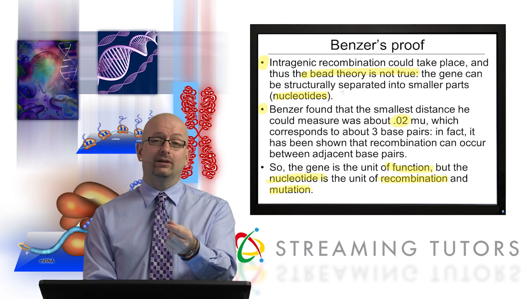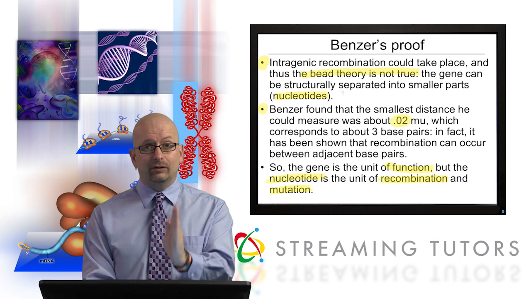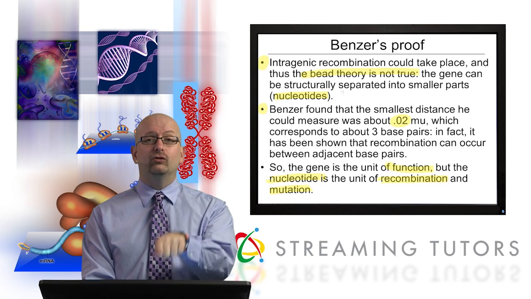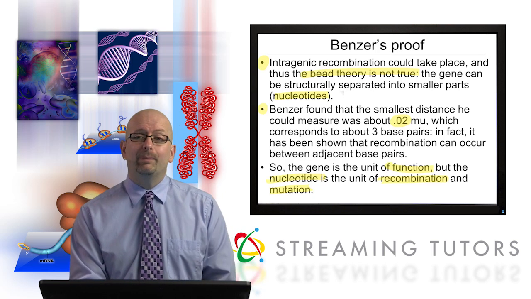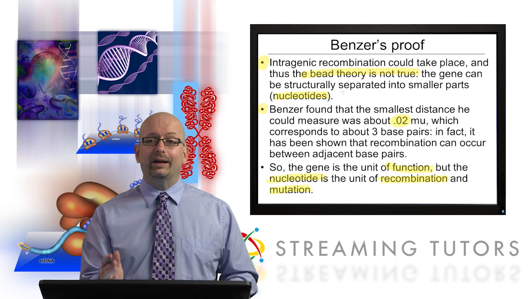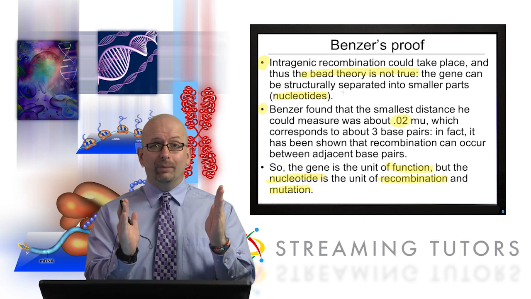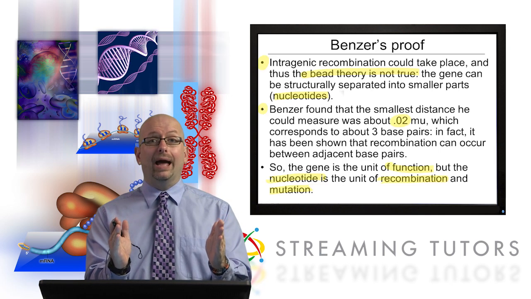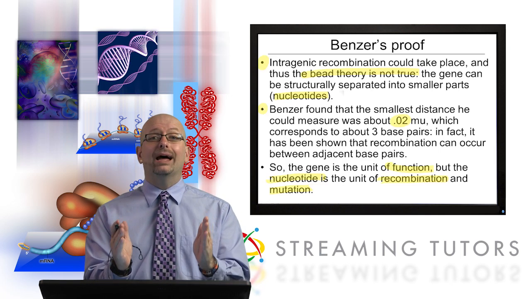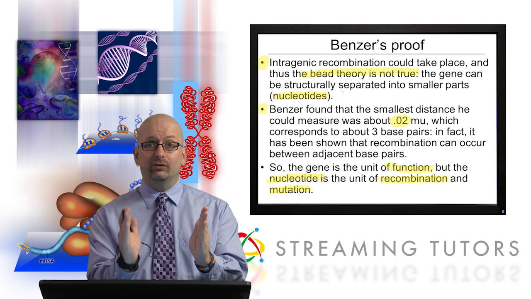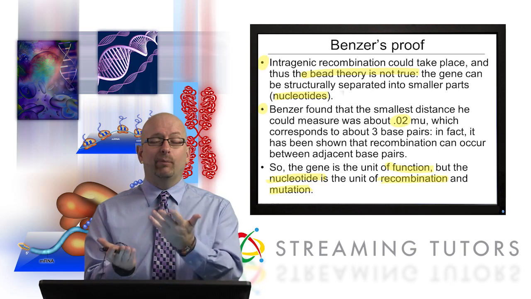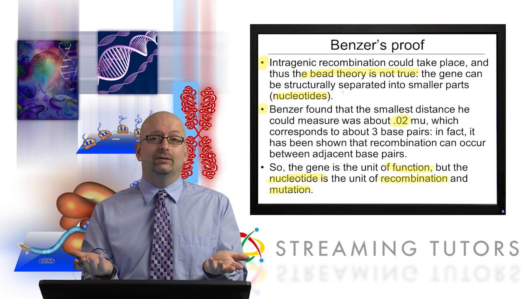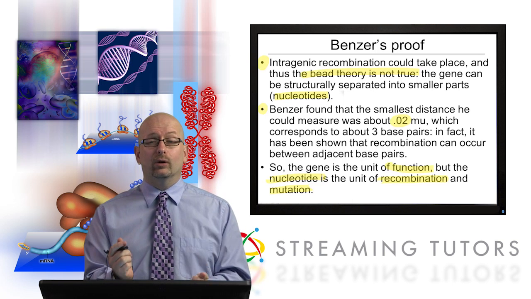One nucleotide can change from A to G, that's a mutation. Recombination can occur between one nucleotide and the one right next to it, that's very possible. So it tells us, yes, there may be some structural boundaries to a gene, but it is not a unit of structure because that can be subdivided. With respect to function, if part of a gene doesn't work, it doesn't work. That's it, right? You need the whole thing in order for it to work.